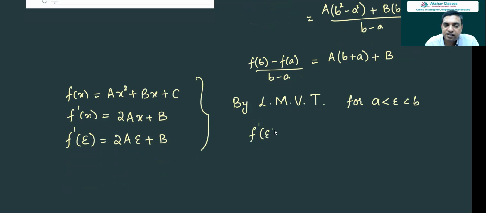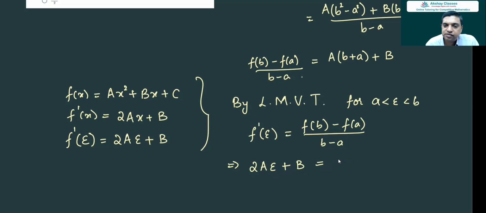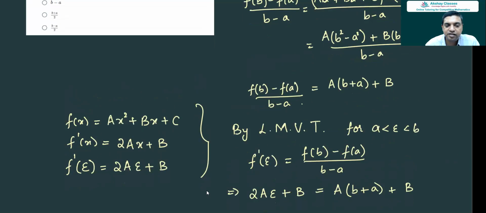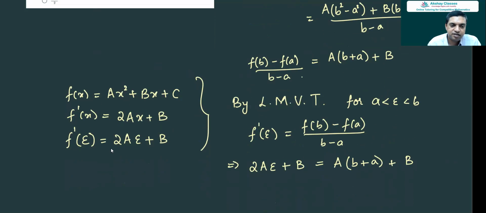F dash epsilon will be equal to f of b minus f of a by b minus a, which means 2 capital A times epsilon plus B is equal to A times of b plus a plus B. From equating the two, equating this one and this one.